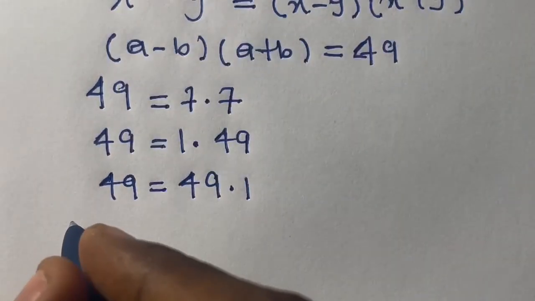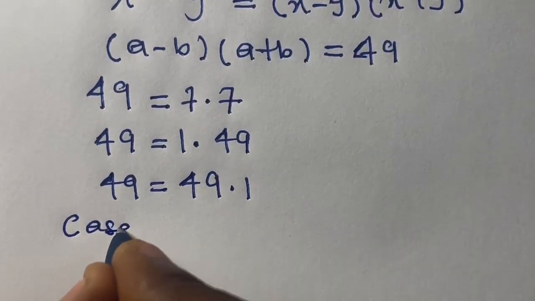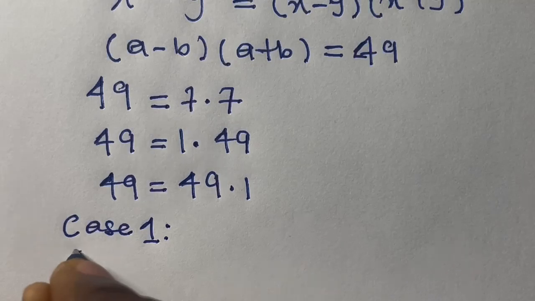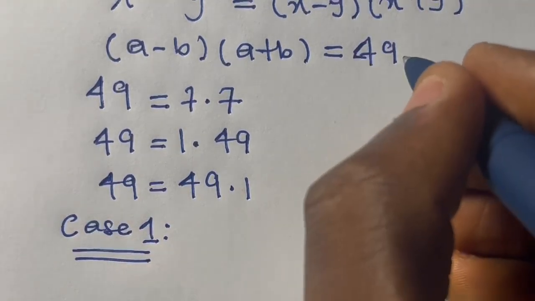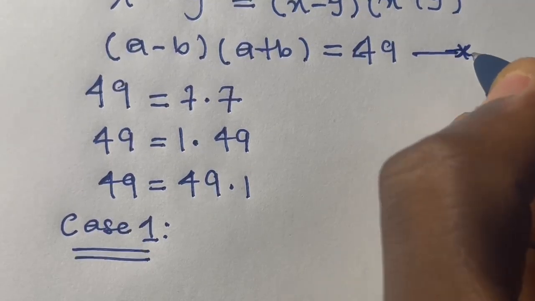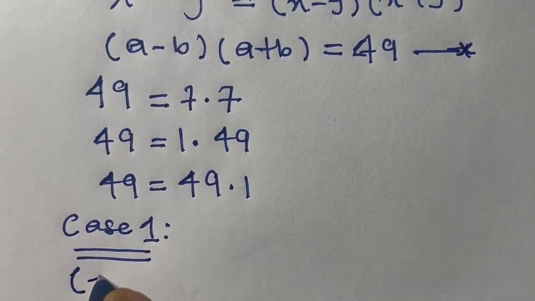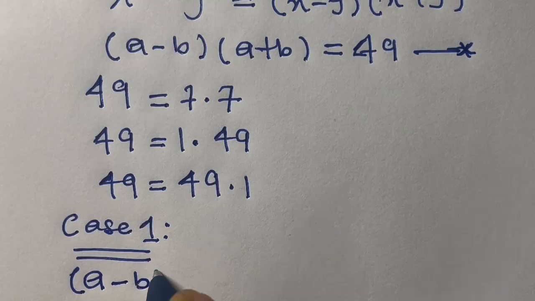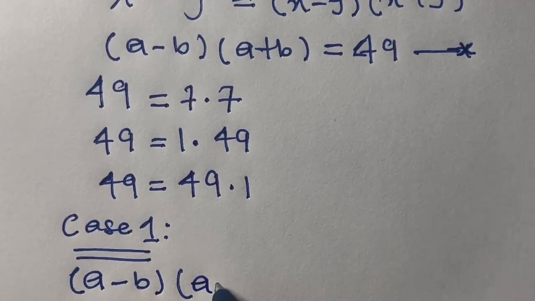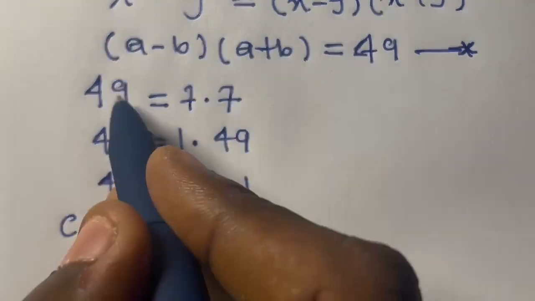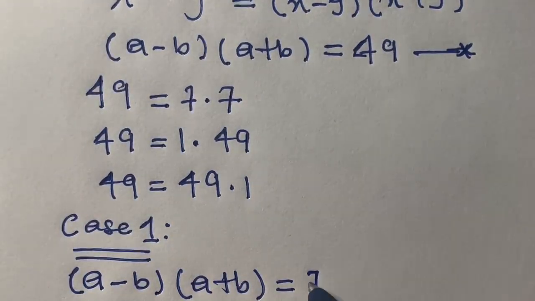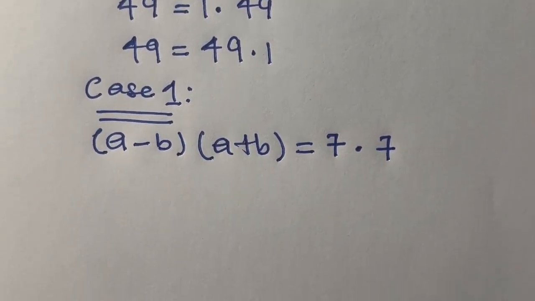So let's go by case 1. We have a minus b multiplied by a plus b equals 49. So let's first use 7 times 7.